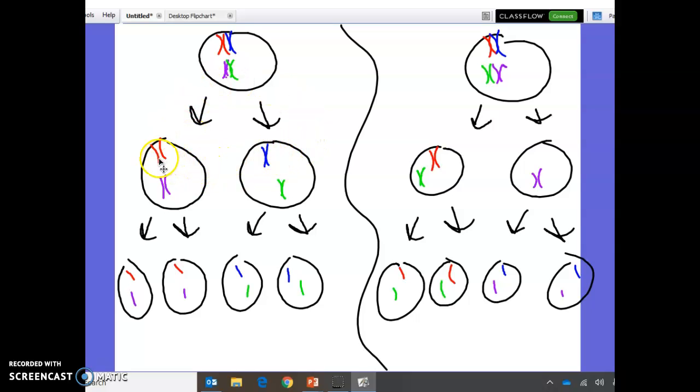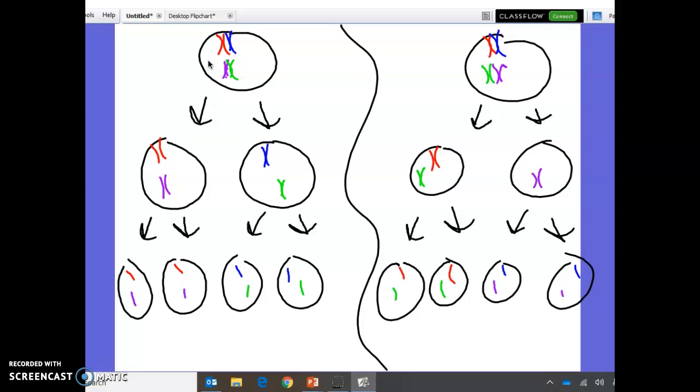In meiosis 2, the individual chromatids separate from each other. So we end up with red in each cell and purple in each of these cells. And the same thing's going to happen over here where the blues separate and the greens separate. So this possibility is one way that we could separate or segregate the chromosomes into our gametes.